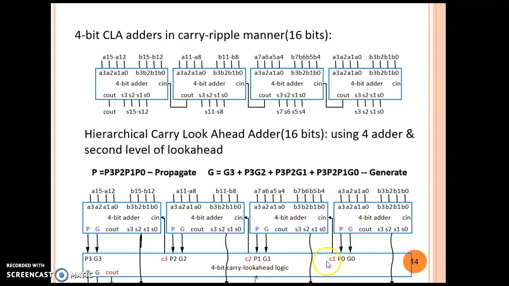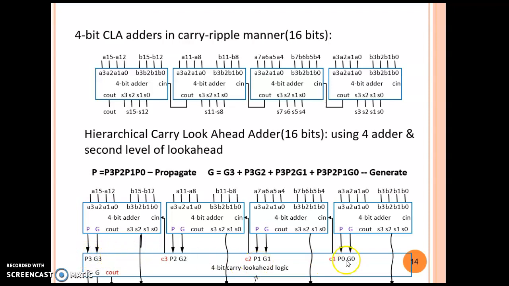We are using a next stage of carry lookup adder. See, this is a 4-bit carry lookup adder, where normally you have A0 and B0, A1 B1, A2 B2, A3 B3.